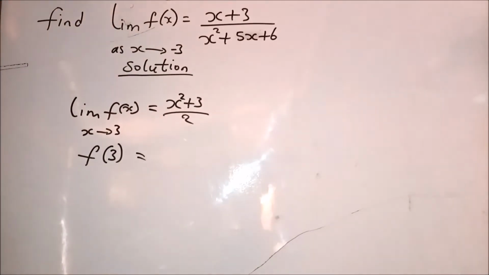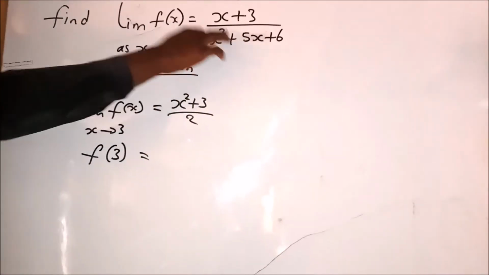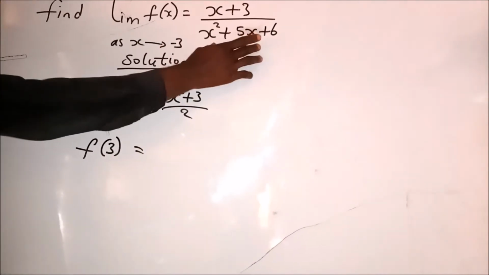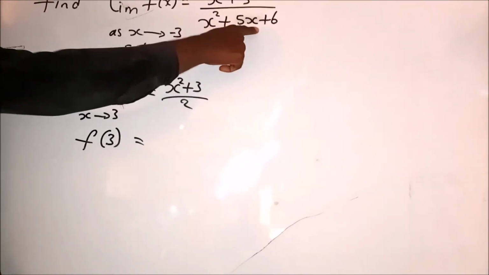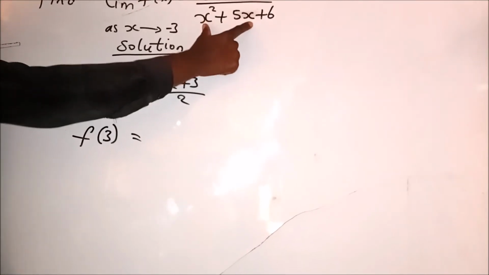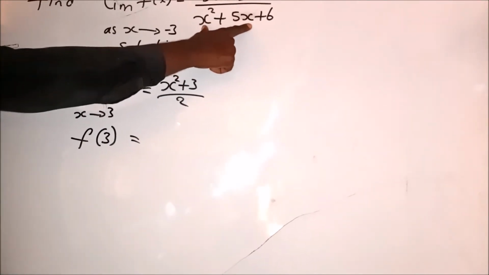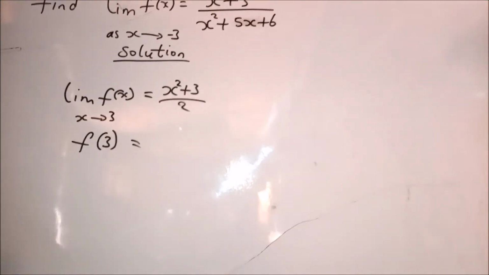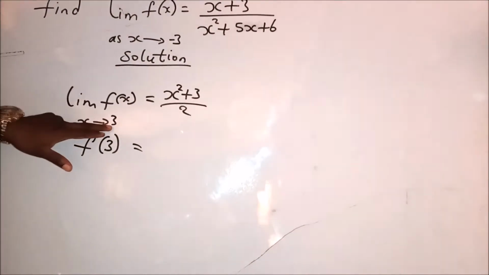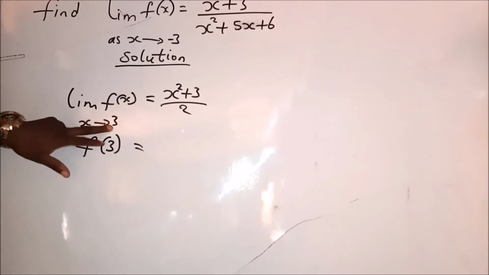But in a situation like this particular one, whereby the denominator is not just an integer but a polynomial or another expression which is not just a constant like these two, we are not just going to substitute directly into it.